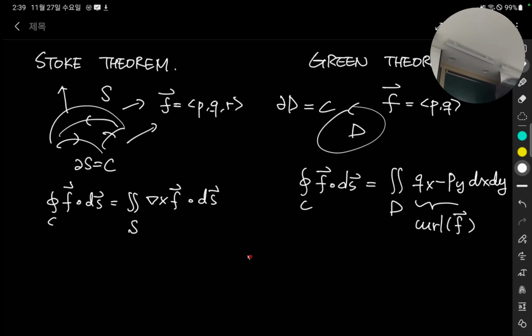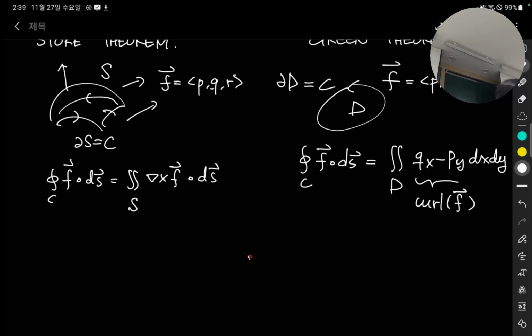So the line integral turns into a surface integral. These two are not very different, since it's about the equality between line and surface integrals, and actually the Green theorem is a special case of the Stokes theorem. Suppose F is actually a two-dimensional vector field, so the z component is 0.